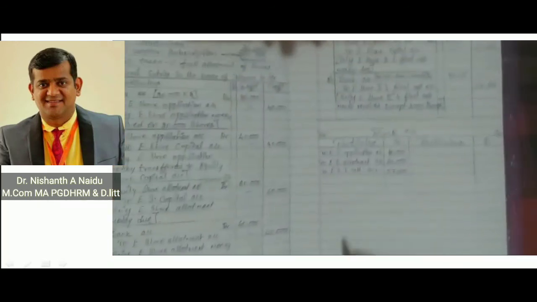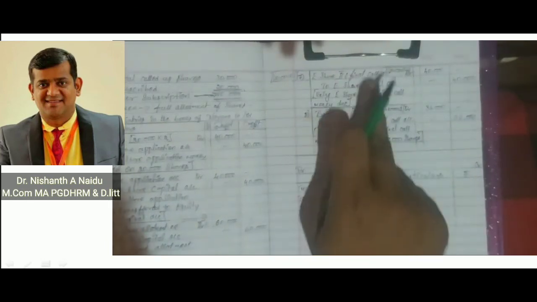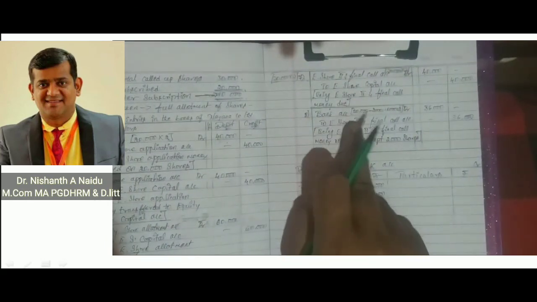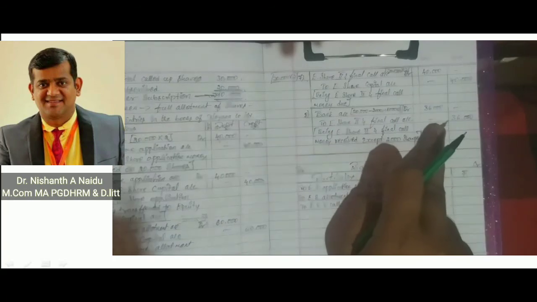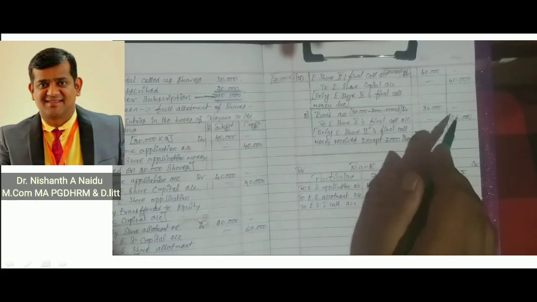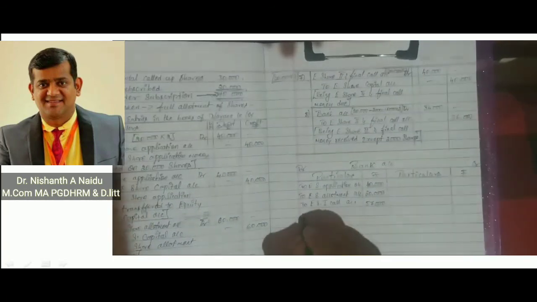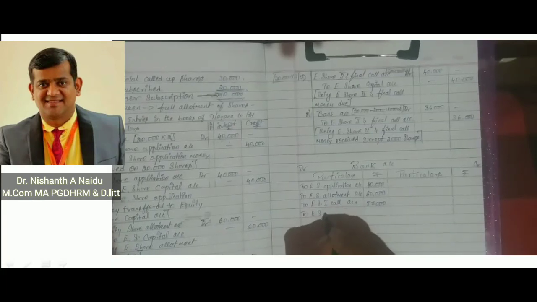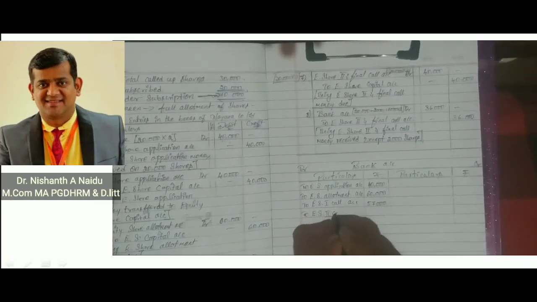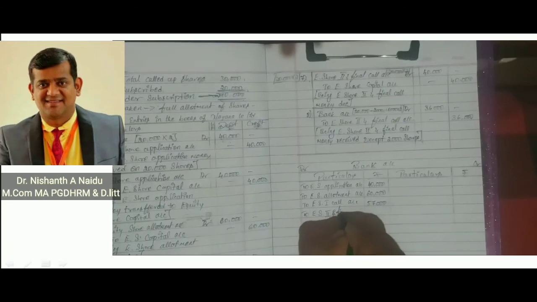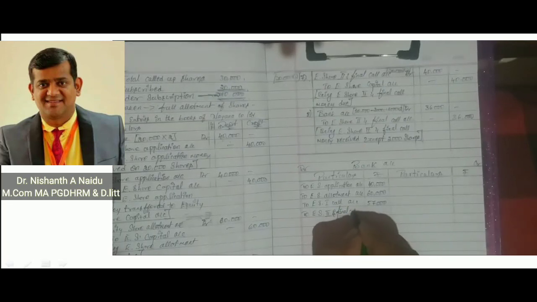Again on the seventh entry there is no bank at all, but in the eighth entry yes there is a bank. Bank how much? 36,000 rupees, to equity share second and final call account.